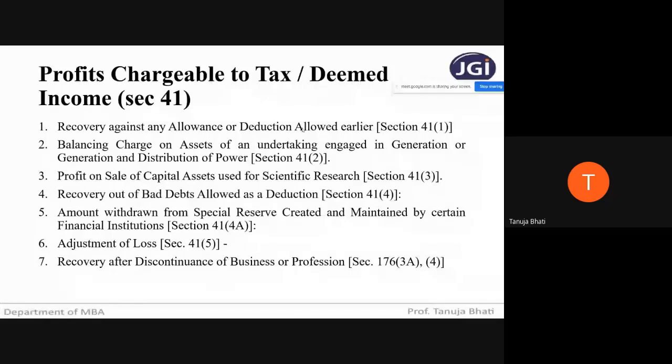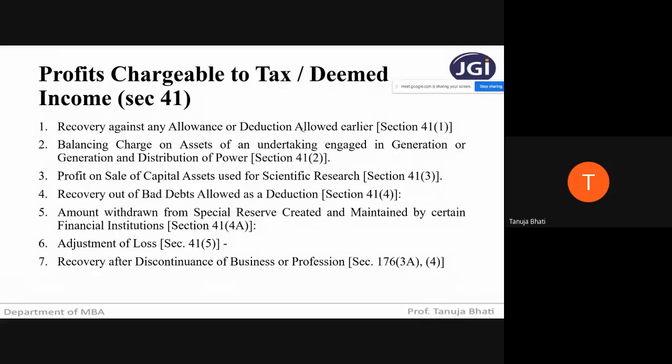Suppose we have taken any deduction or any allowance in any of the previous assessment years; it can be a loss deduction, an expenditure deduction, or a trading liability, correct? Now, suppose subsequently we have recovered that amount either in cash or in kind.